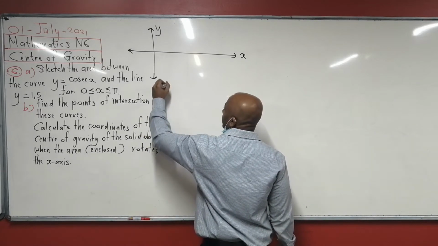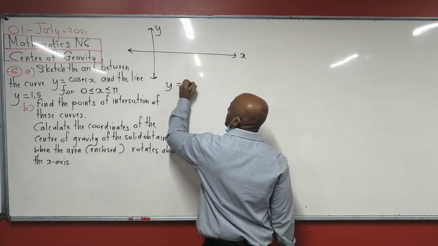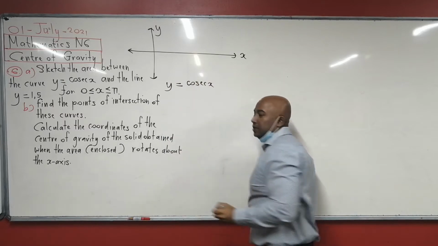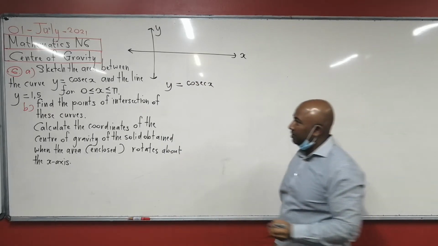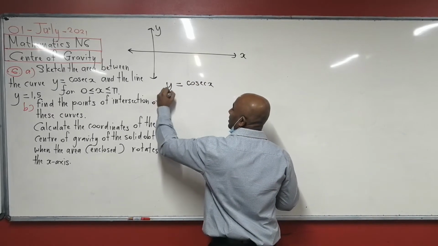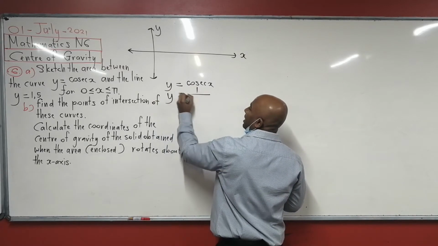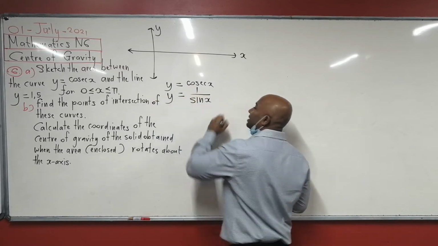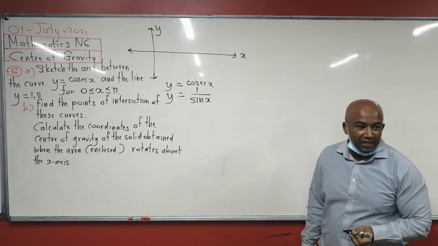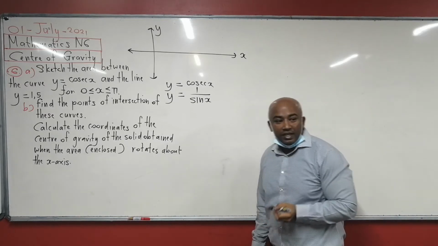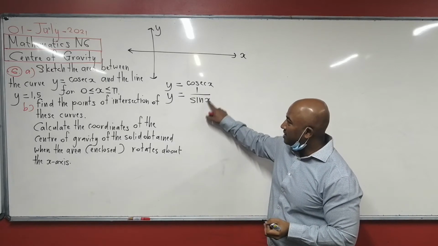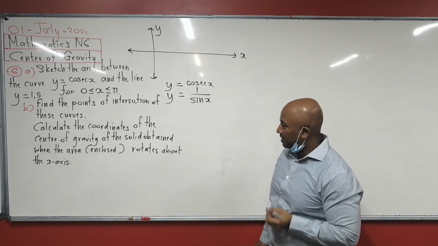So if I remember, we are dealing with y is equal to cosec of x. This is what we want. Now, cosec is the same as 1 divided by sine. That's your reciprocal identity. 1 divided by sine is equal to cosec.